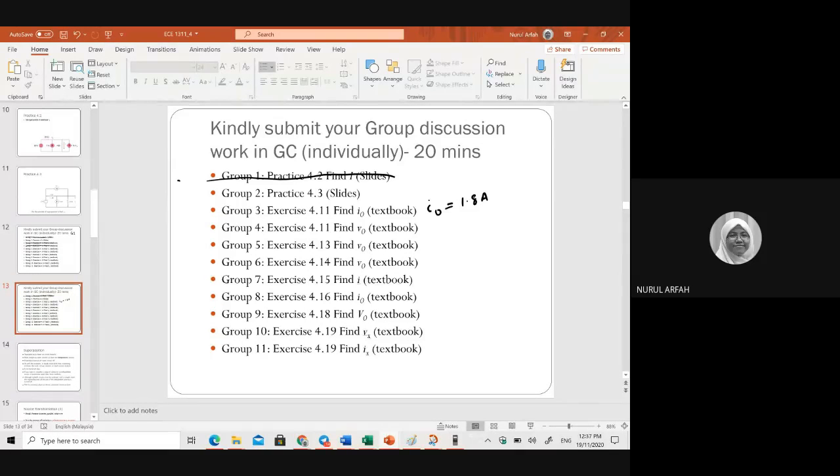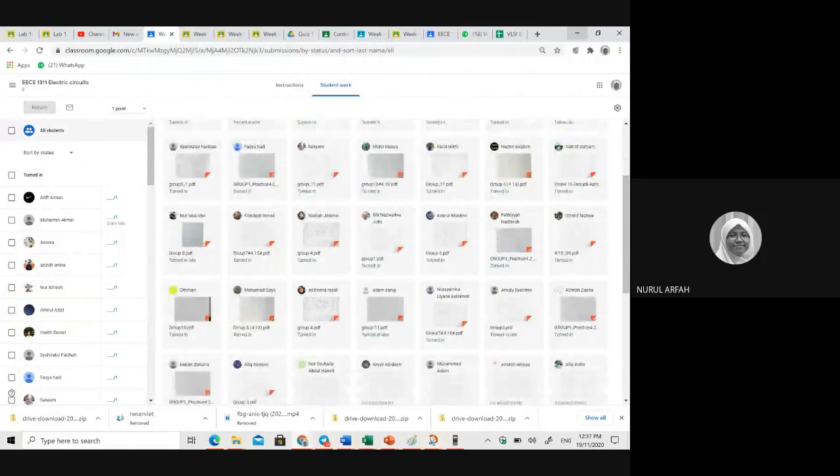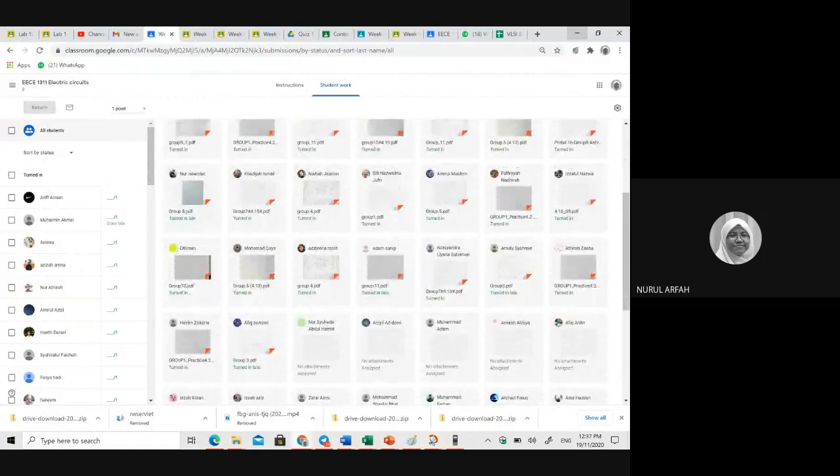And this V naught equal to? 18. Oh, okay, this is correct. Okay, this is done. Next, group number 5. If group number 3 is here, we can check now. If not, we go to group number 5. Yes, group number 3 here.